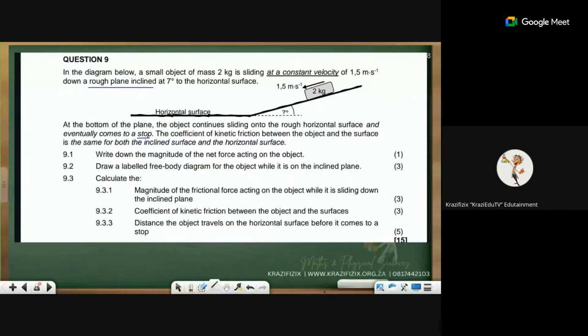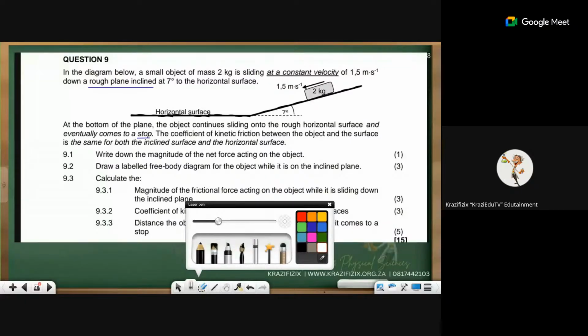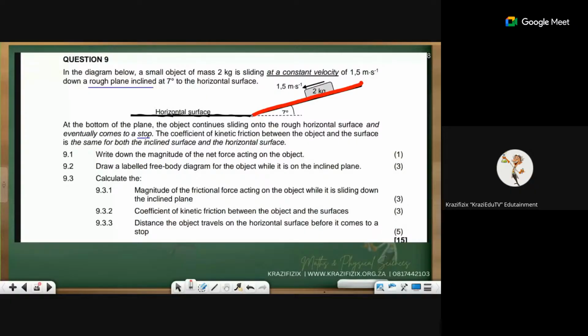Write down. Eventually accelerate. If it's to stop, you can't just continue at constant velocity. No, it will come to a stop because of friction. We said in the diagram, a small object at 1,5 down a rough. So it's only moving at 1,5. We didn't accelerate it, because they told us it's constant.